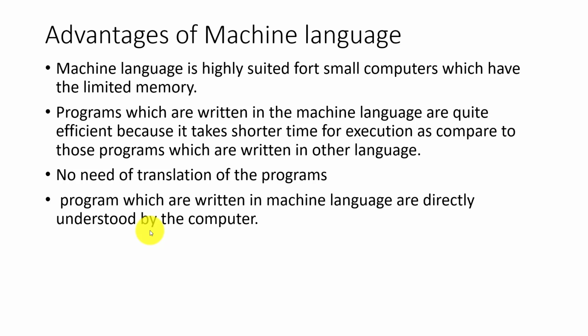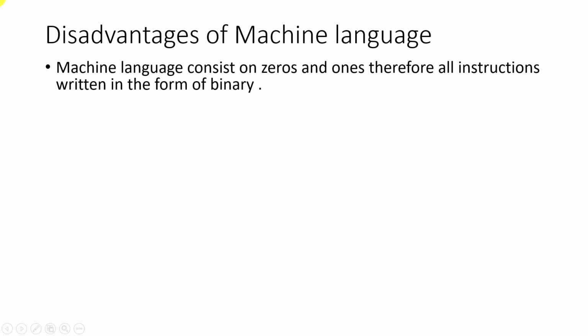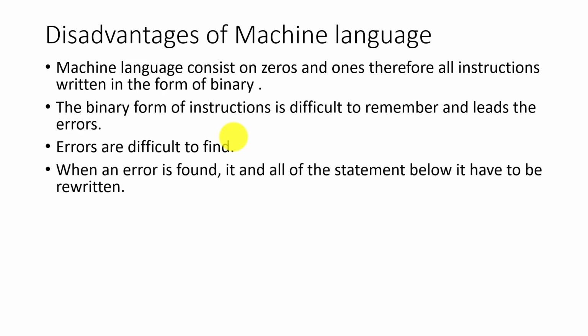Now let's understand the disadvantages of machine language. Machine language contains 0 and 1, that is binary form, so all instructions must be read and written in numerical code only. The binary form of instruction is quite difficult to remember and read, so it generates errors, and those errors are also difficult to find because the code is in 0 1 form and is sometimes very long.